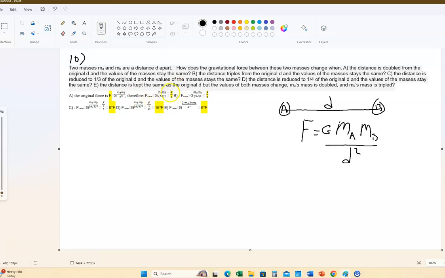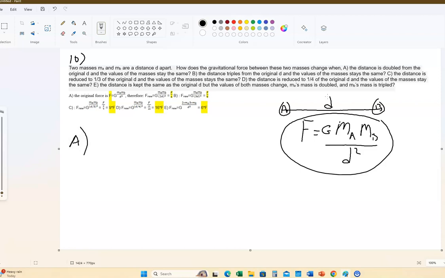If we call this the original force, I'm just going to keep the symbol F. This right here is what I just drew. This is the original force. So we're going to see in part A. You can do each one of these. They're done exactly the same way. You're basically just varying the distance.